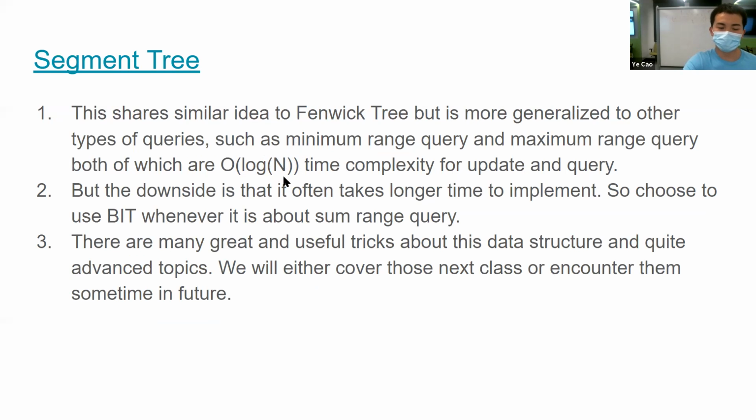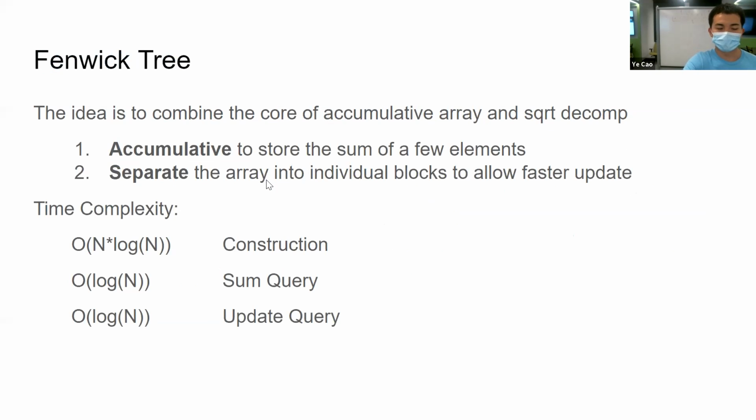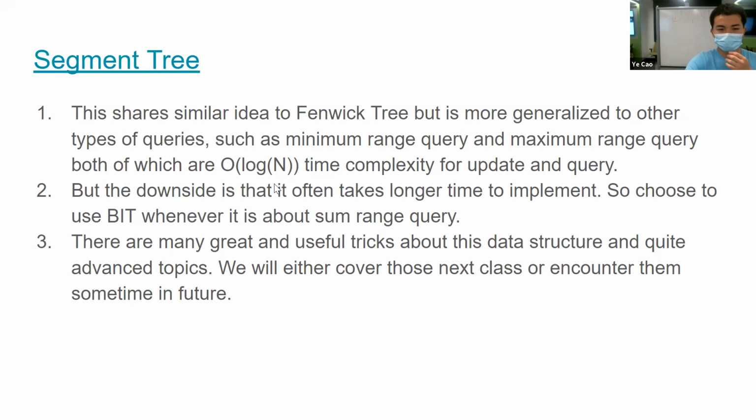It not only allows you to do the range sum query, but also the minimum range query and the maximum range query. The range sum query allows you to have a range and find the sum of the range. And the minimum range query allows you to have a range and find the minimum element among that range.